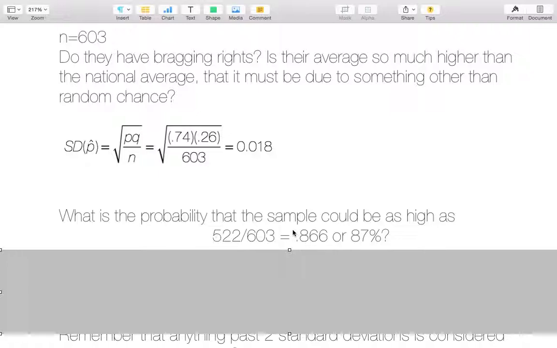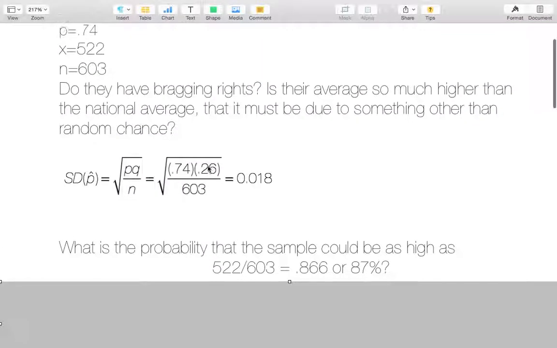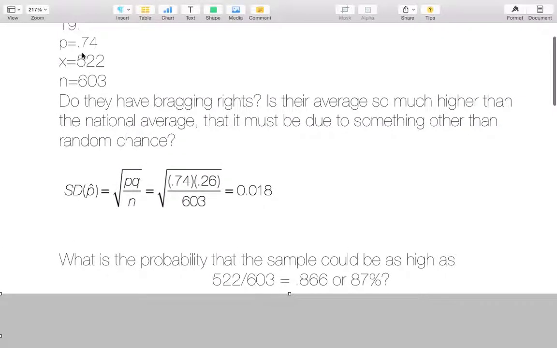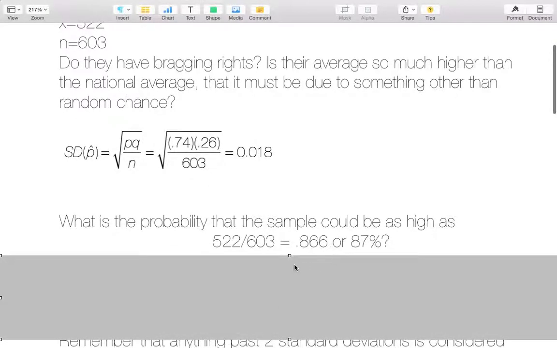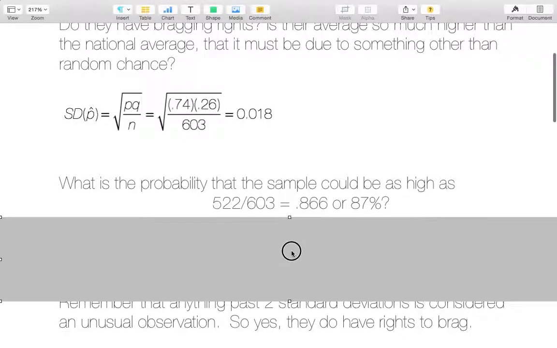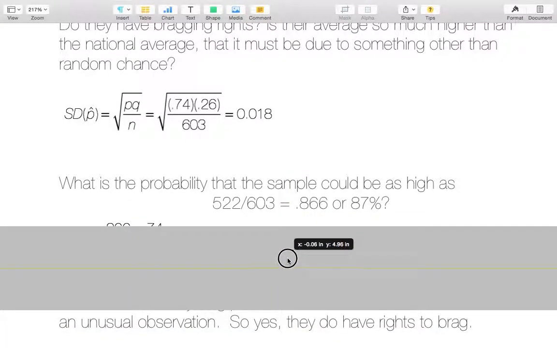So you're looking at quite a bit of an increase in the percentages. The national average is 74. They're getting close to 87% for their average. And that's the question: is that really high? And is that an unusual observation?